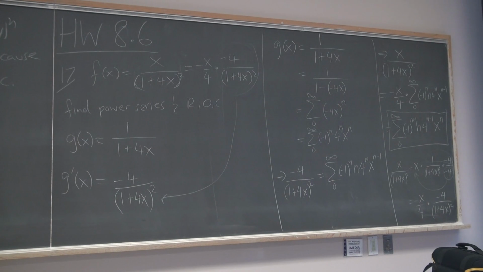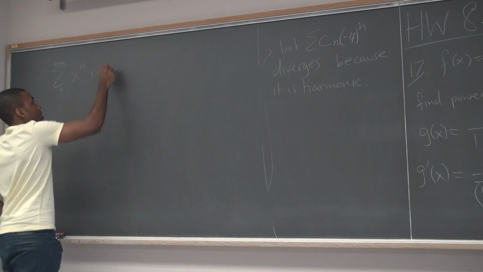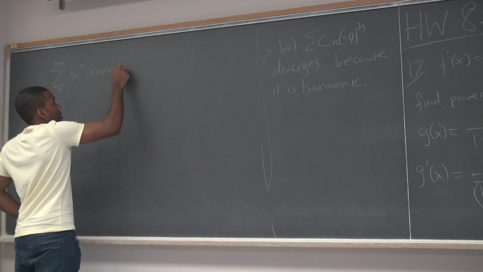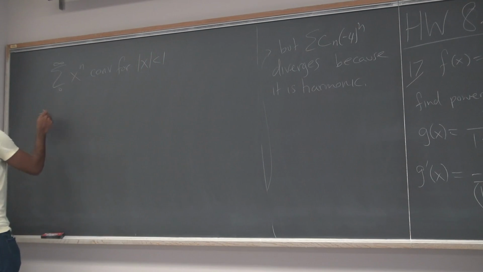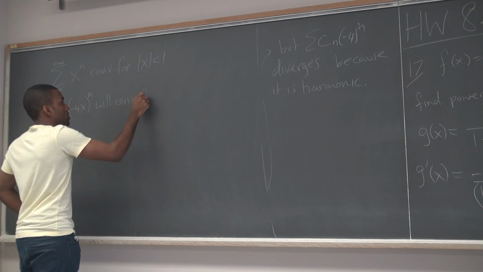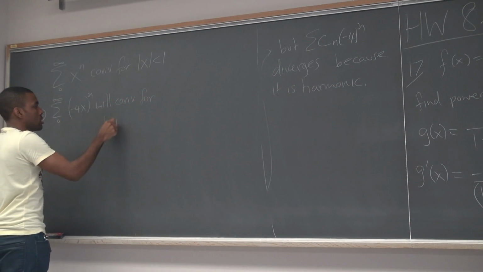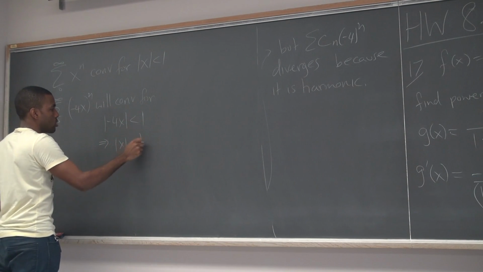How do we find the radius of convergence? So we know that the sum of x to the n from 0 to infinity converges where? x must be less than 1 in absolute value. Which means I'm looking at this series where I plugged in minus 4x to the n; it will converge for whatever is here being less than 1 in absolute value, which means my x should be less than a quarter.